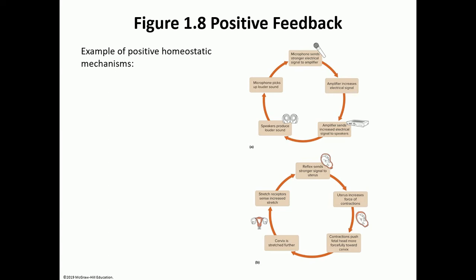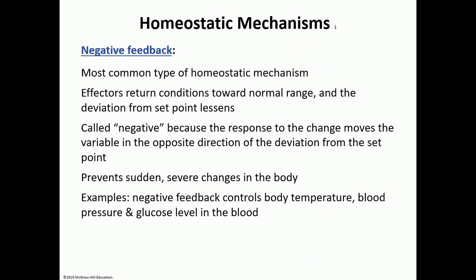So, kind of going over these different feedbacks. Negative feedback, as I mentioned, is the most common kind, where your effectors want to return your conditions back to your normal range. And it lessens the deviation away from your set point. So again, when your body temperature went up, all of the changes that happen to your body, the sweating and so on, would want to bring things back to normal.